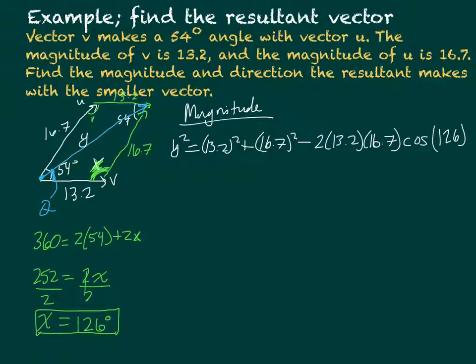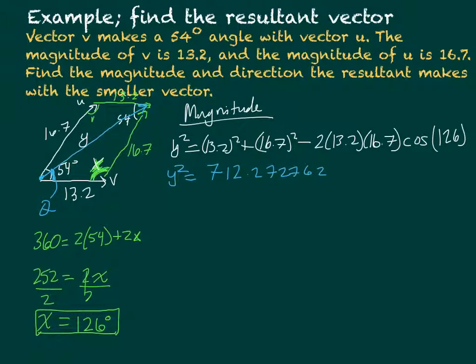So if I type that into the calculator, then what I'm going to get is y squared equals 712.27276, whatever. Be as exact as you want.